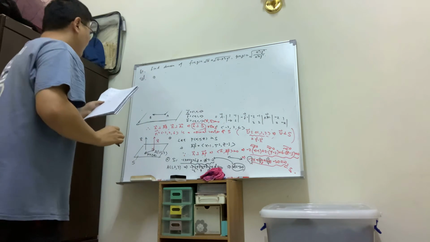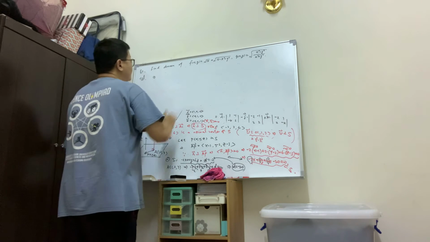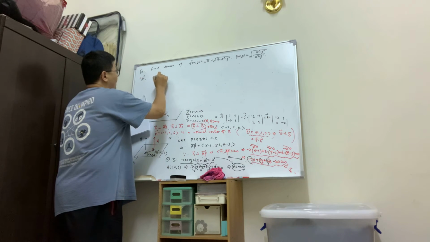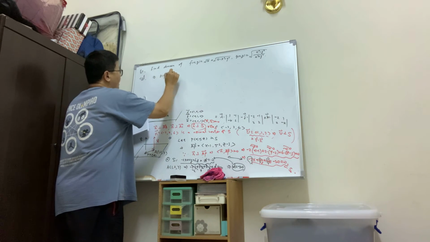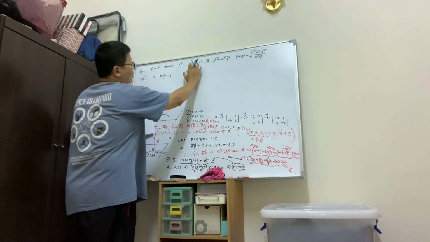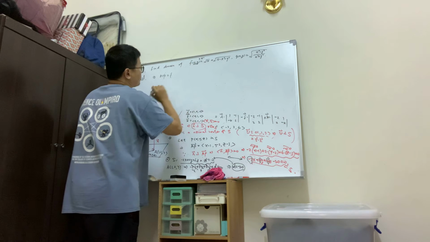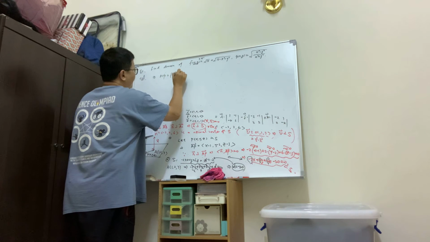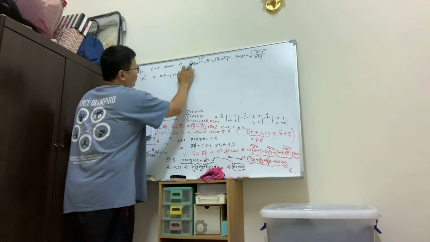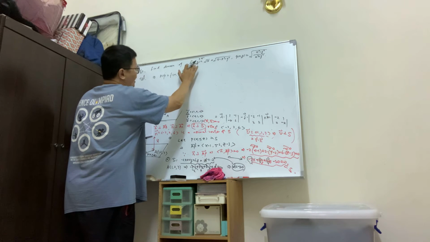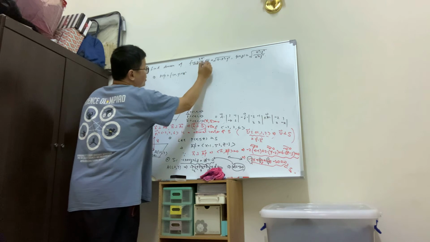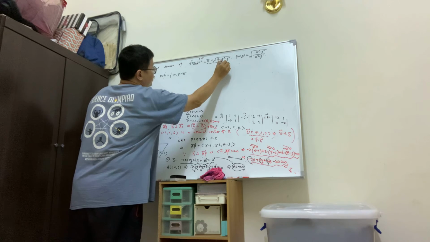For the first one, domain of f. As we say, (x, y) belongs to R2 space. And f(x, y), once you plug in the value x and the value y, is a real number.